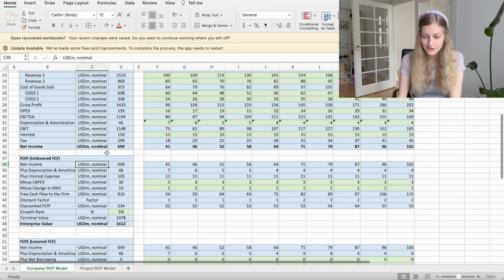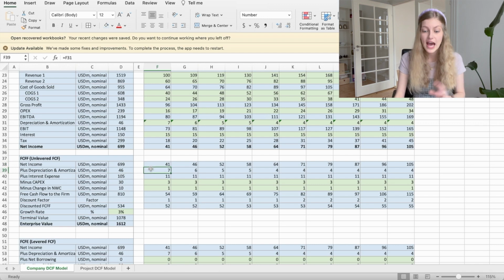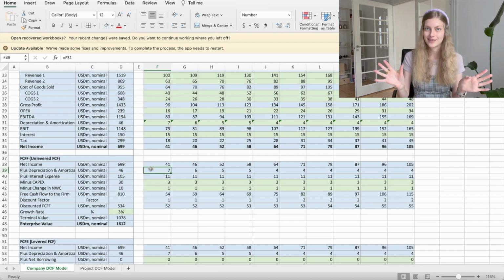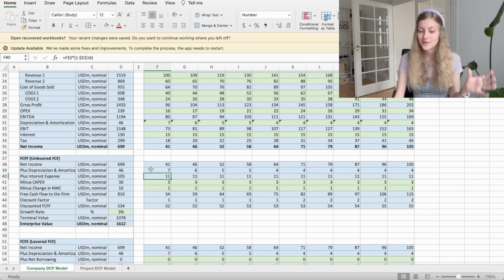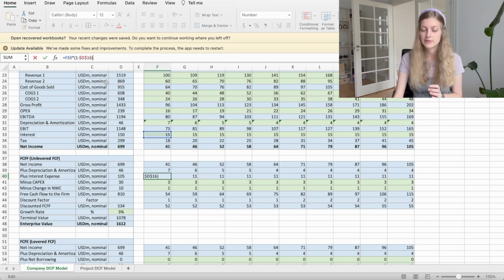So starting out with free cash flow to the firm, you start out with net income like we just discussed, then you add back depreciation and amortization because they are non-cash expenses and we are trying to find the cash flow, so we don't want to include anything that's not a cash expense. And so we add that back. Then we also add back the interest expense after taxes. So basically we take the interest expense up here and multiply it by 1 minus a tax rate of 30%.